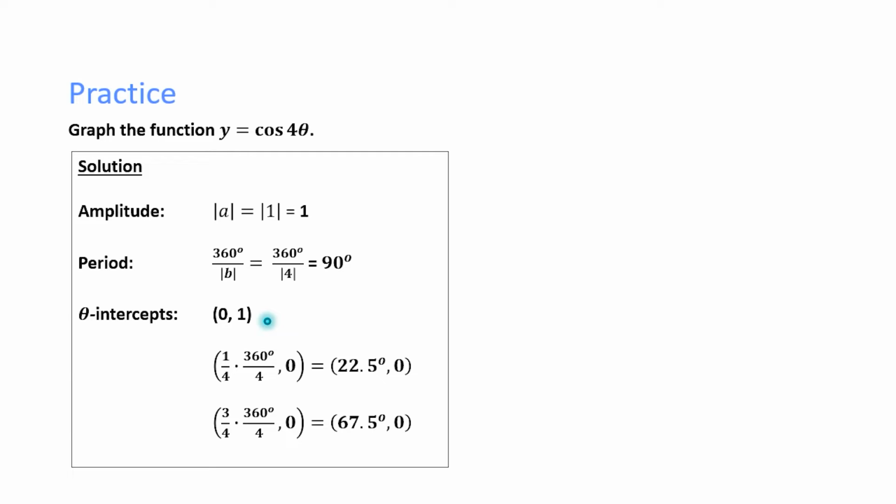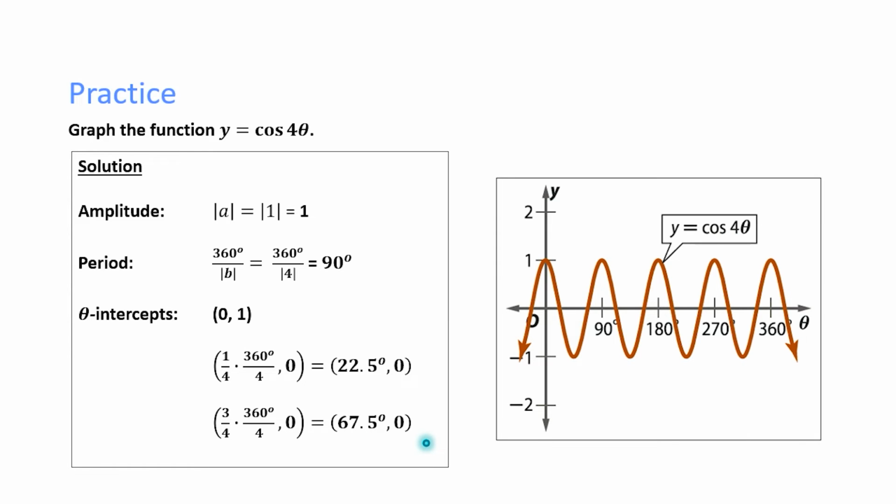The next intercept will be 1/4 times 360 degrees over 4, 22.5 degrees, and 3/4 times 360 degrees divided by 4, which is 67.5 degrees, and 0. So the graph of the function will look like this.